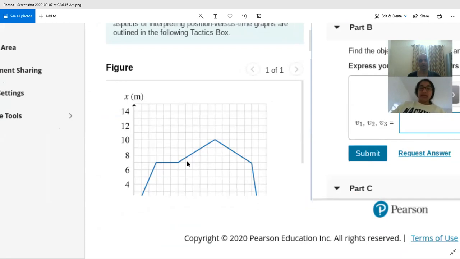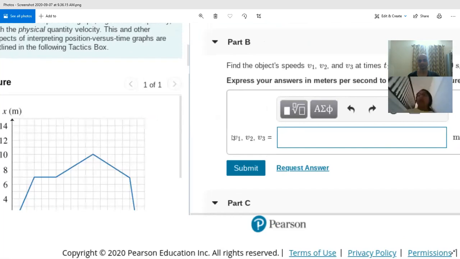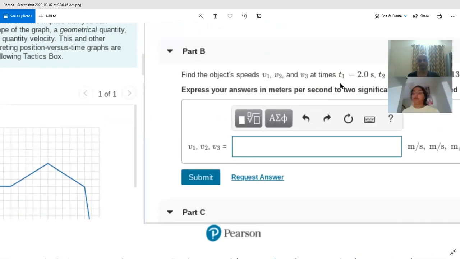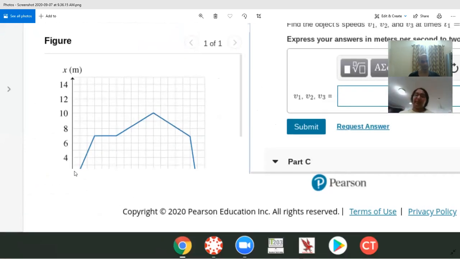Yes. How do you find the slope of this line? Slope is 0. There is no slope. No. What about this line? Oh, change in y over change in x. No, okay, let's first do the 2 seconds. So 2 seconds is here, right? Yes. So we have to find the slope of this line.